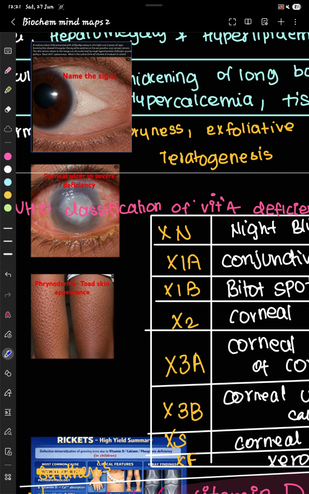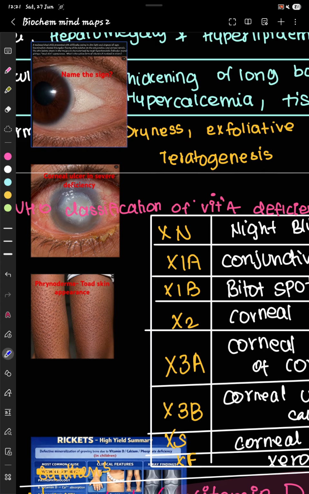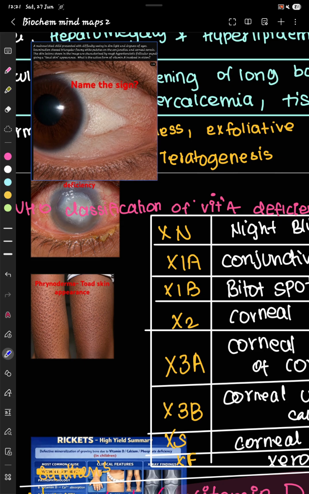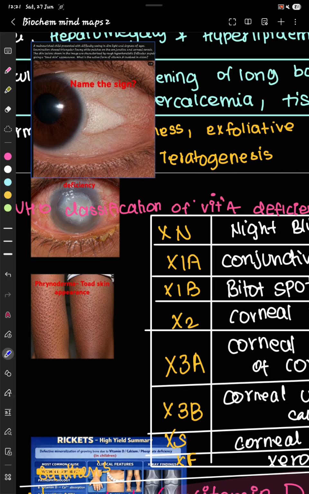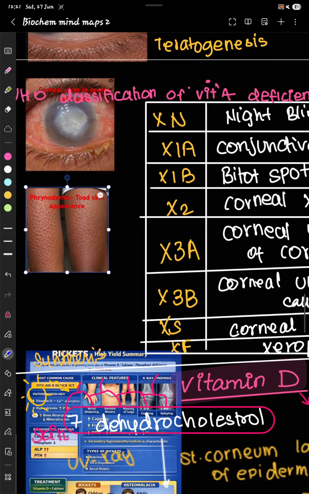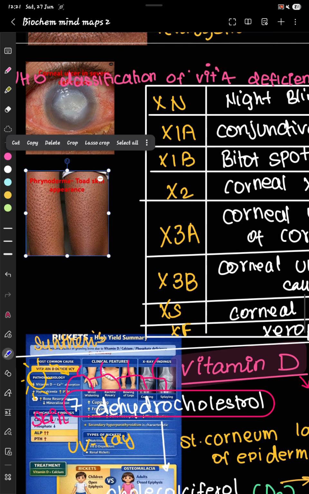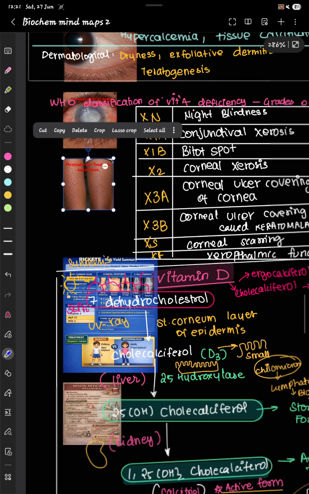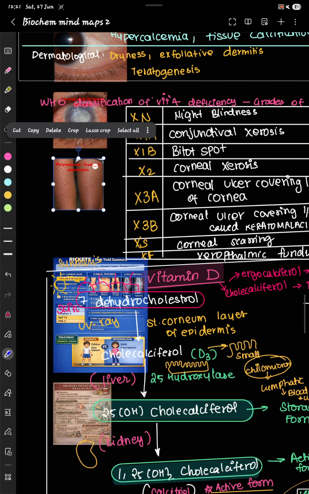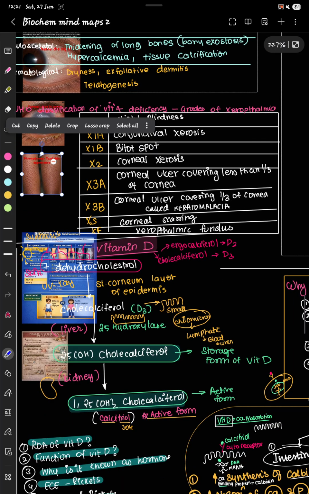This skin lesion shown in the image is characterized by a rough hyperkeratotic follicular papilla giving a taut skin. This is the taut skin appearance. This is also due to the deficiency of vitamin A. Now, night blindness is the first grade.